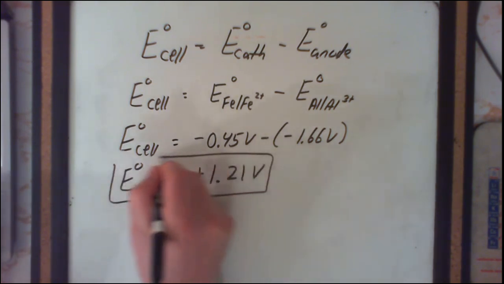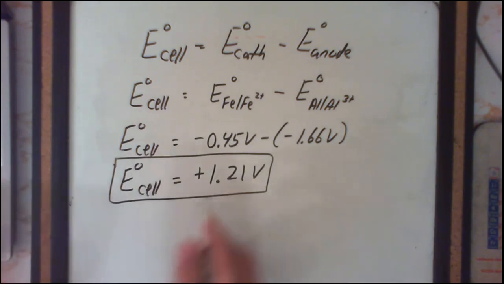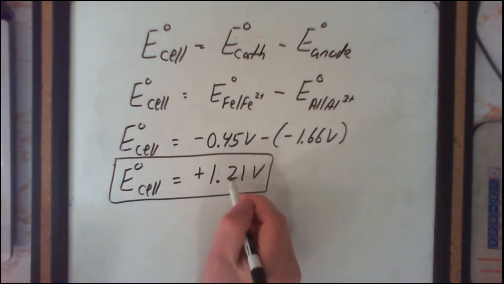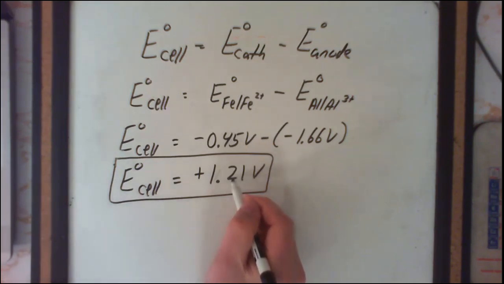Like the copper zinc example in the previous slide, it's positive, so it's a spontaneous reaction. This number is more positive than the copper zinc, so we'd expect that in this particular cell the electrons would have slightly more energy than they would in the copper zinc cell.